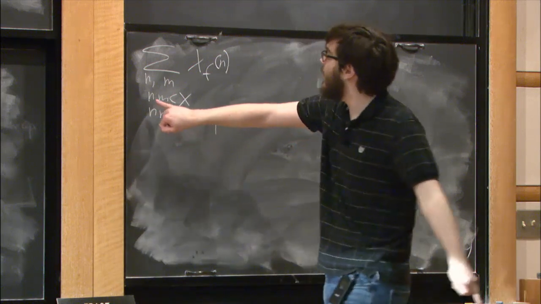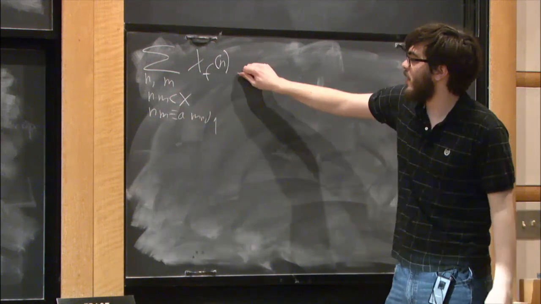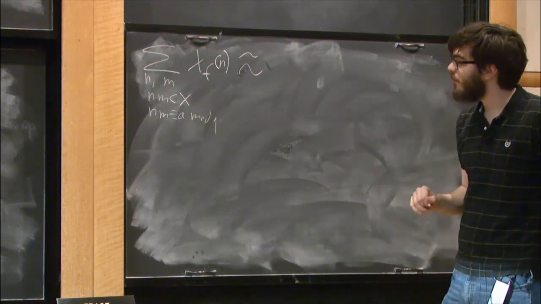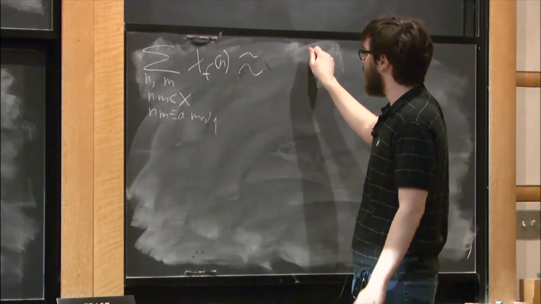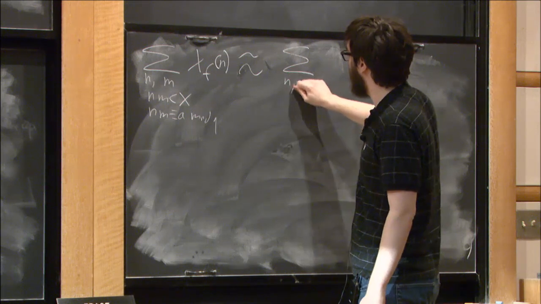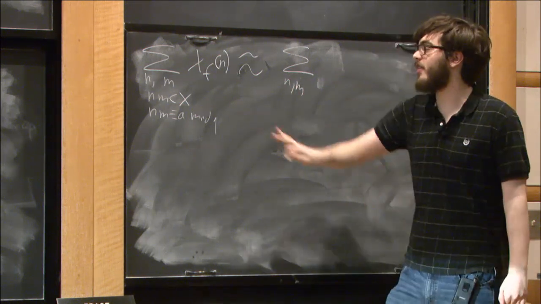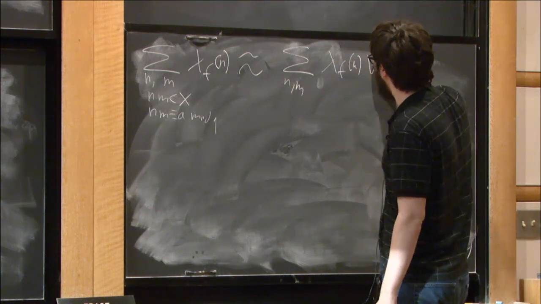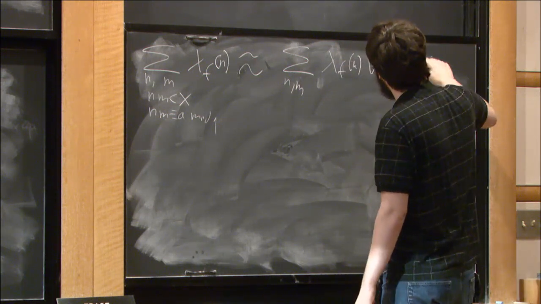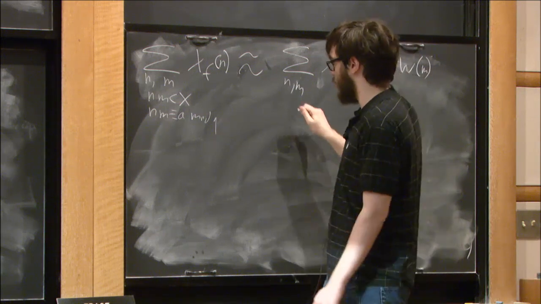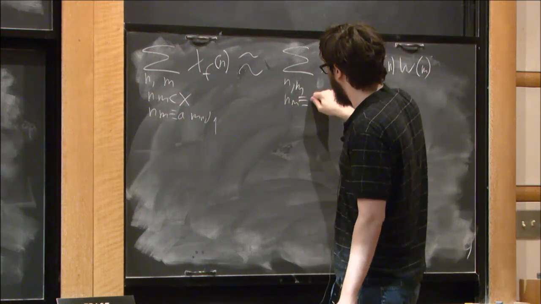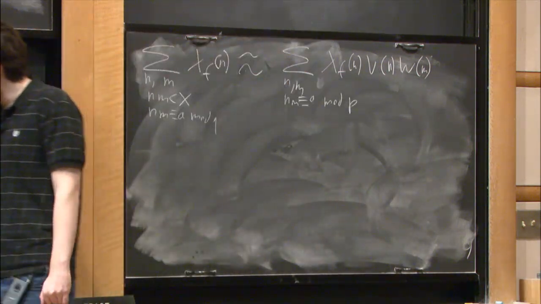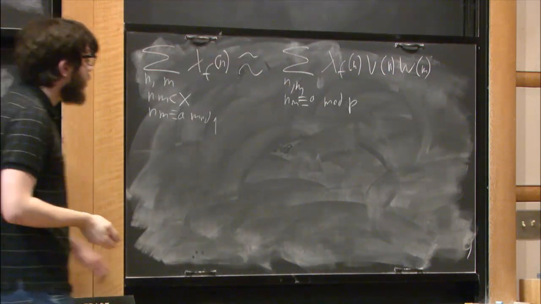And in practice, we can break this up into different regions. We can express it as smooth functions that are separable into m and n. So we can reduce the problem of bounding this sum to bounding sums of the following form: lambda f of n, v of n, w of m, where these functions are smooth. And then we have a congruence condition.